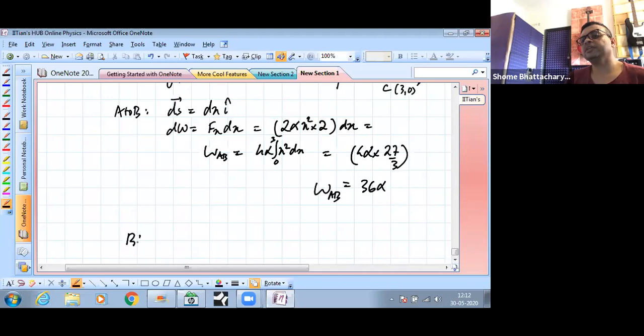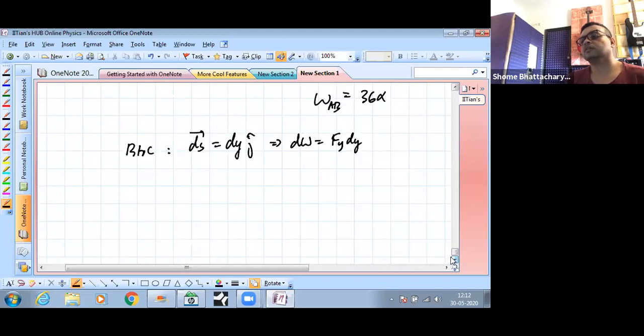Then B to C, the displacement would have been only along the y-axis. So the work done would have been y component of force into displacement along the y-axis. Now the x is constant. X is constant at 3. Y is changing from 2 to 0.